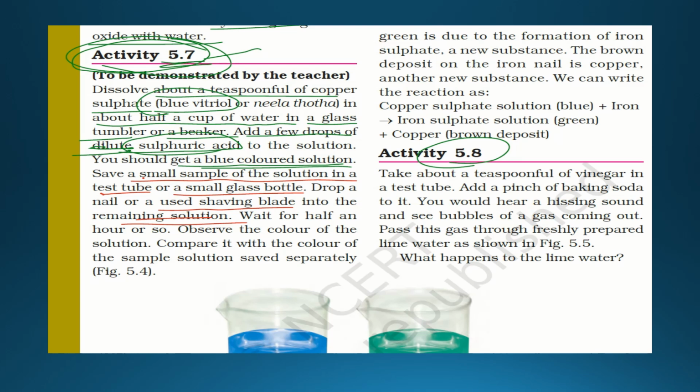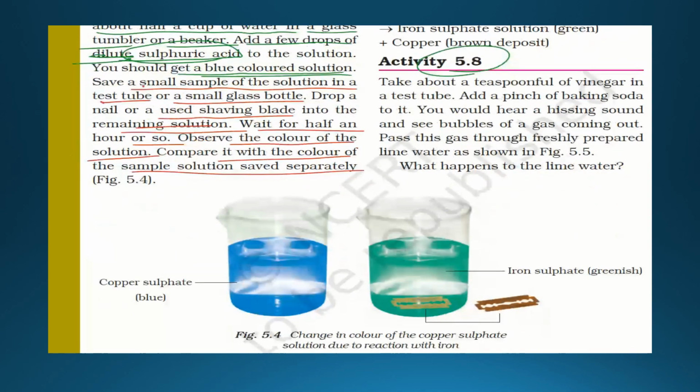So wait for half an hour or so. Now observe the color of the solution. The color you prepared was blue. Compare it with the color of the sample solution saved separately, which you have kept in a beaker.